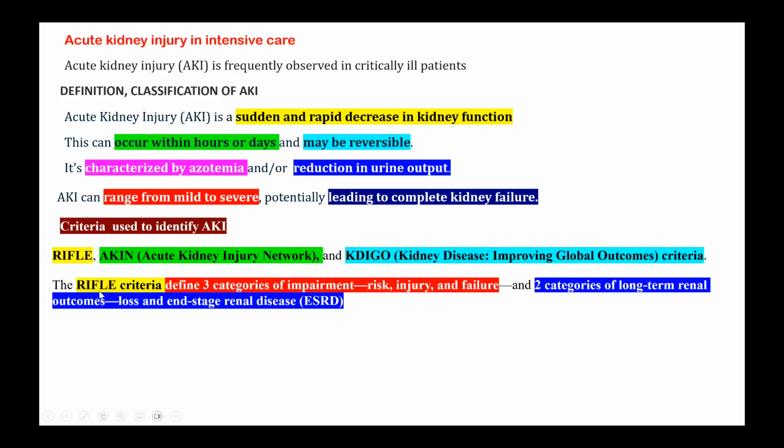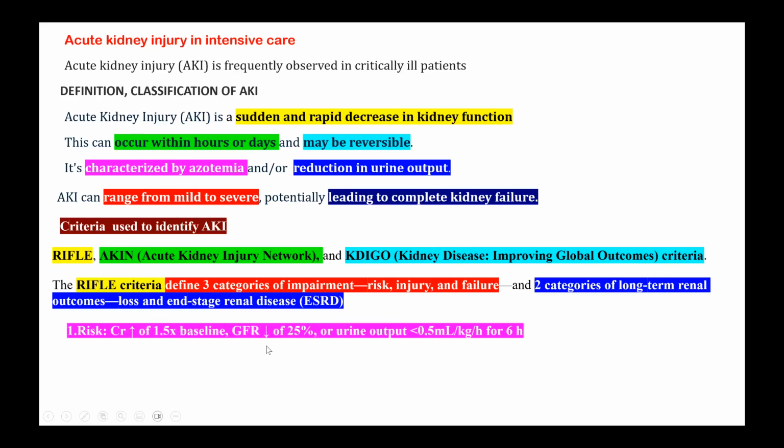So in the RIFLE criteria, the first three letters of the acronym stand for the actual damage that has happened, and the last two are the outcomes of those damages. And the risk, when you say there is a risk, that means that two things are taken into consideration. One is the creatinine, another is the GFR. So if the creatinine increases by 1.5 times the baseline, or the GFR, which in clinical settings is judged by the urine output.